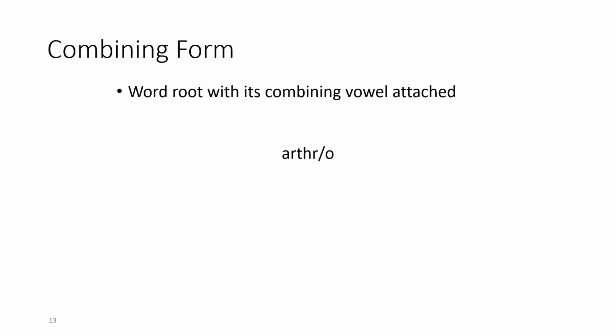And you'll hear me do this throughout the course when I'm going over some of the terms, because it's very difficult to use just the actual word root sometimes and pronounce it well. So adding in the vowel to make it a combining form is easier to pronounce. So keep that in mind as we go through the course as well.